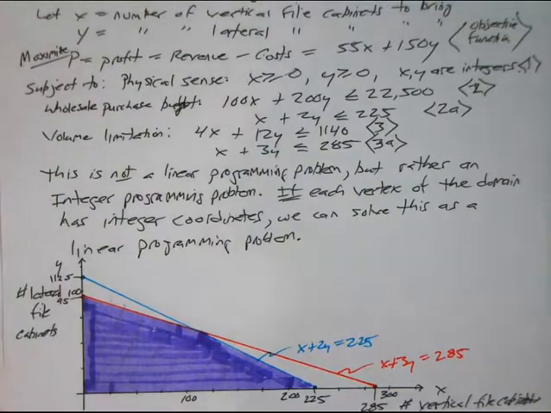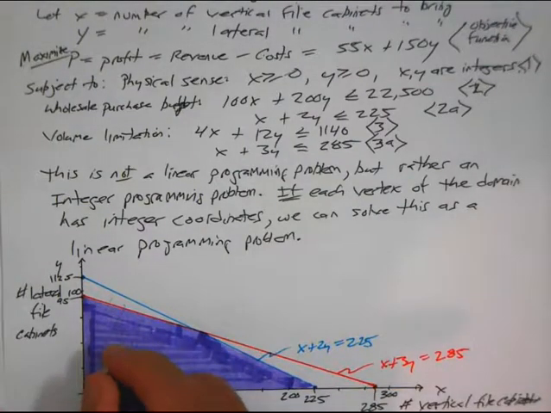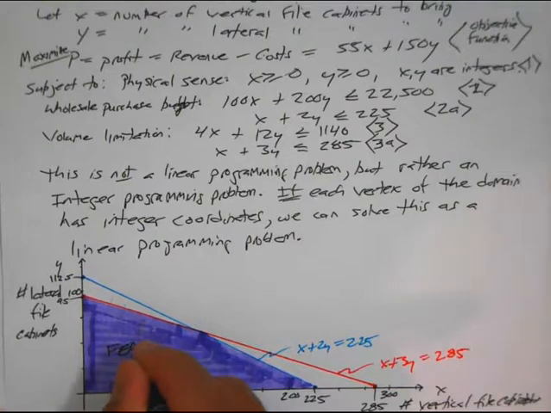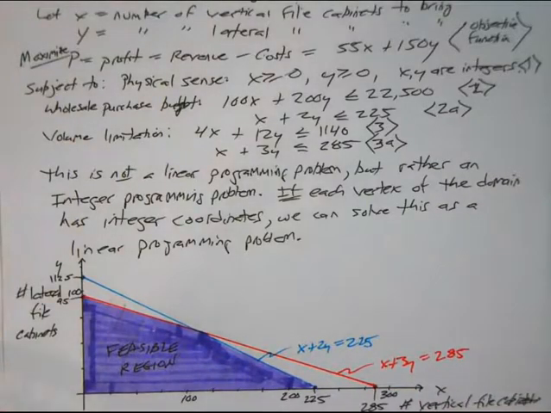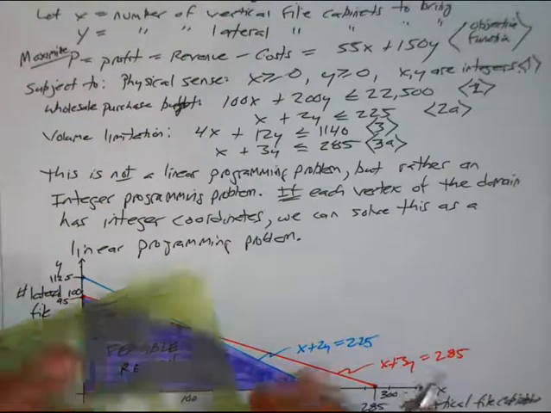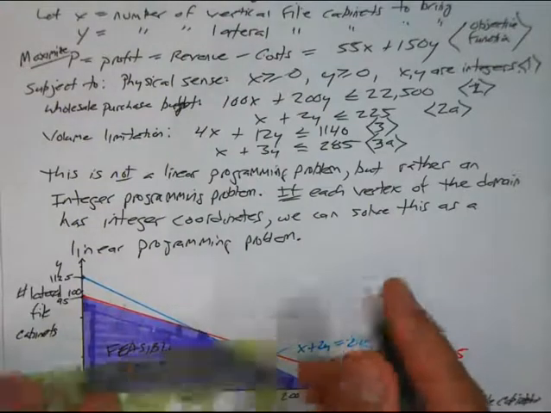Okay, now we could come in here and label this as feasible region. And what's really important are going to be the vertices. So let's see there.